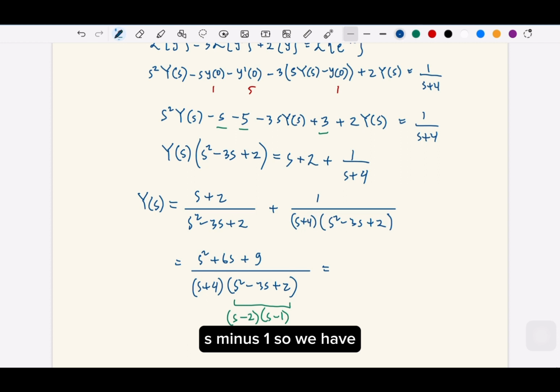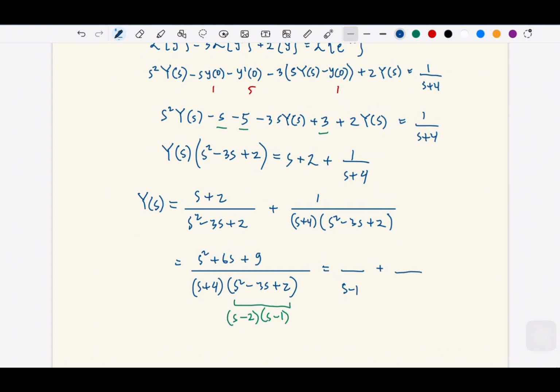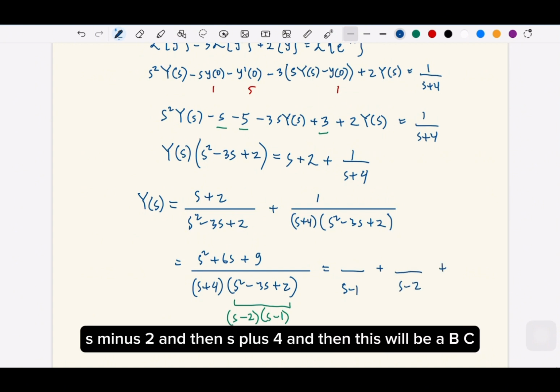So we have, let me write with s minus 1 first, s minus 1, s minus 2, and then s plus 4. And then this will be A, B, C over each.